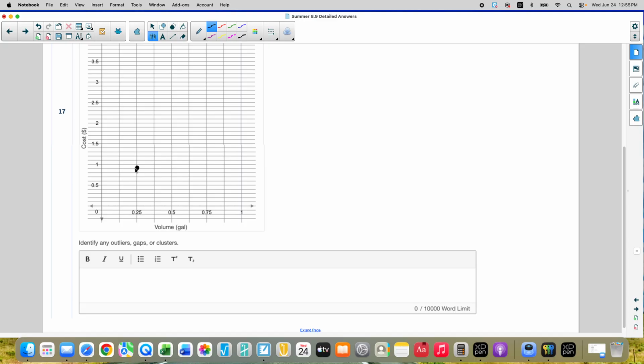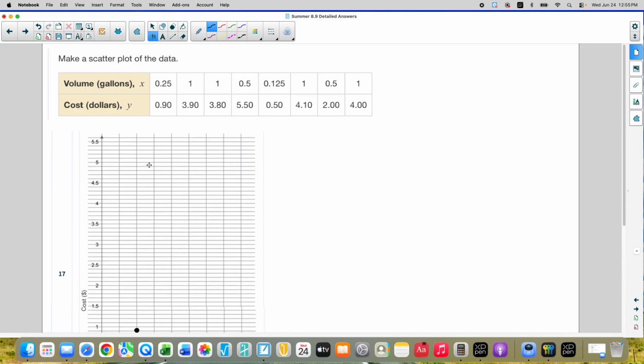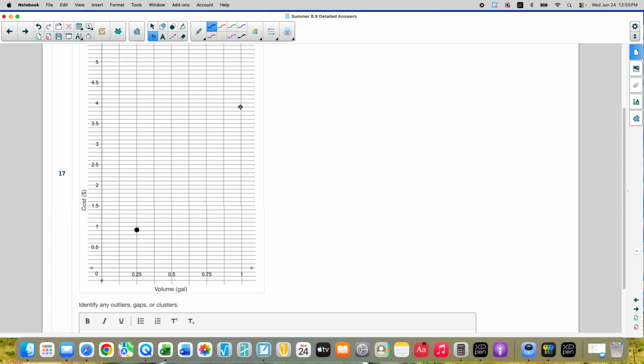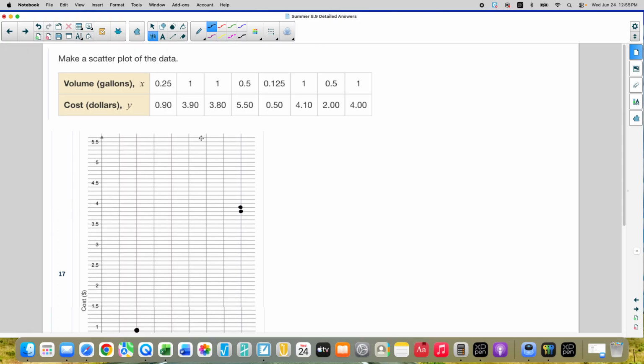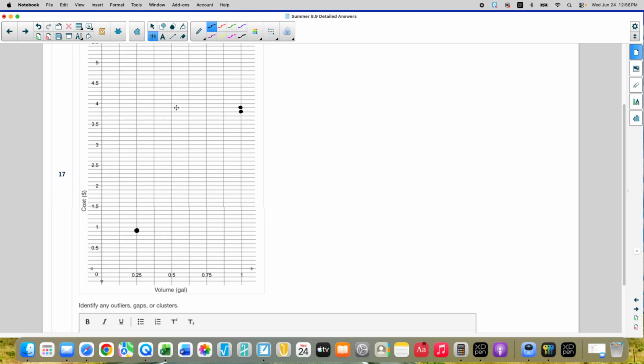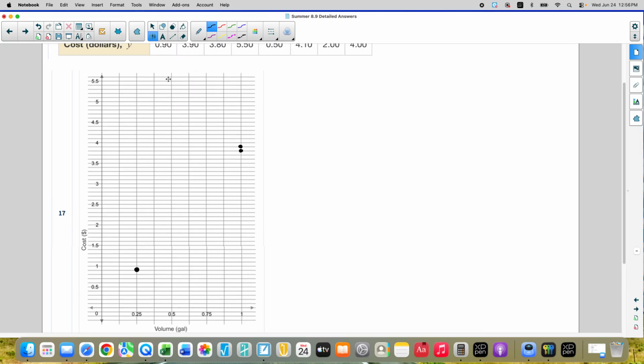Quarter and 0.09. 1, 3.9. Just right there. 1, 3.8, which is right there. Half, 5.5. Ooh, that's a weird one.